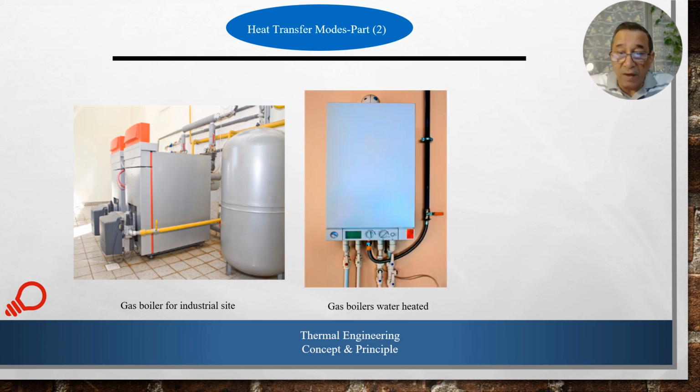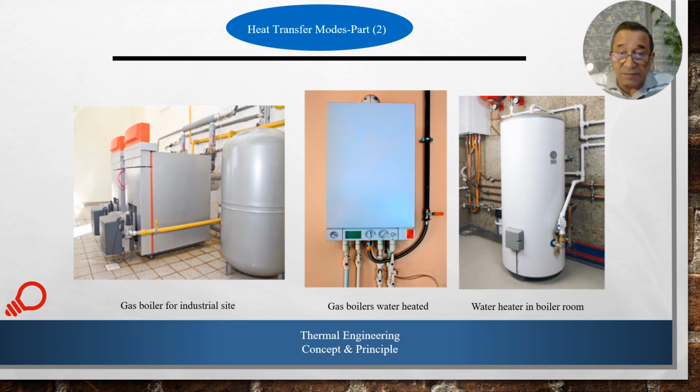And we have gas boilers which have been used for water heating, and others are used for water heating in domestic places, installations where another source of heat can be used. All of these types are used to generate steam or hot water for domestic and industrial applications.